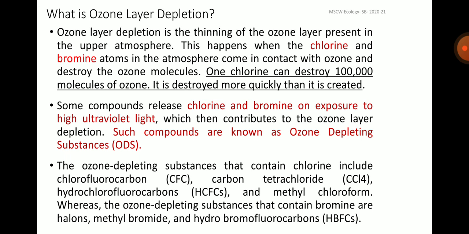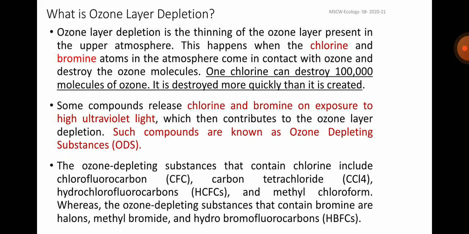The thickness of the ozone layer is measured in Dobson unit, DU, where 1 Dobson unit is equal to 0.01 millimeter of the compressed gas at 0 degrees centigrade and 760 millimeters mercury pressure. That is, 100 Dobson units is equal to a 1 millimeter thick layer of ozone at 0 degrees centigrade and 760 millimeters pressure.